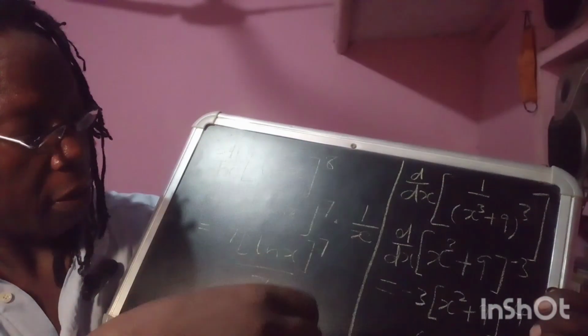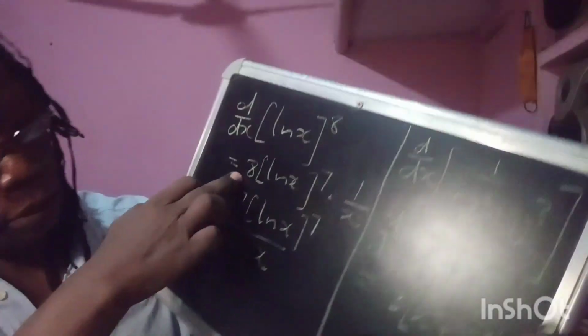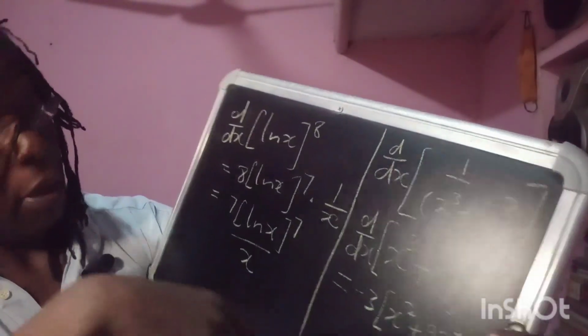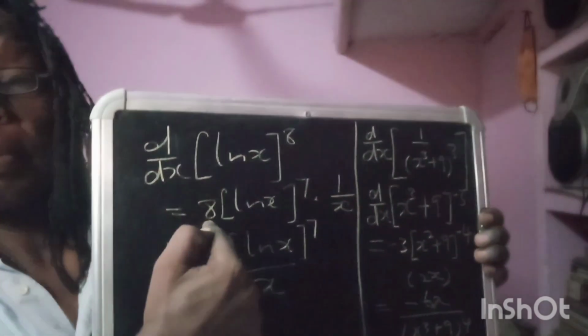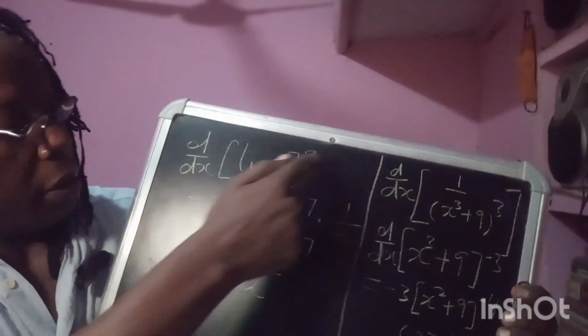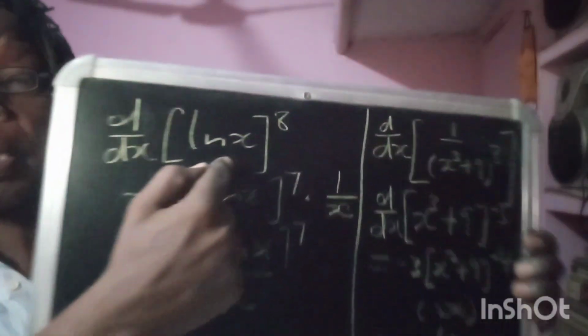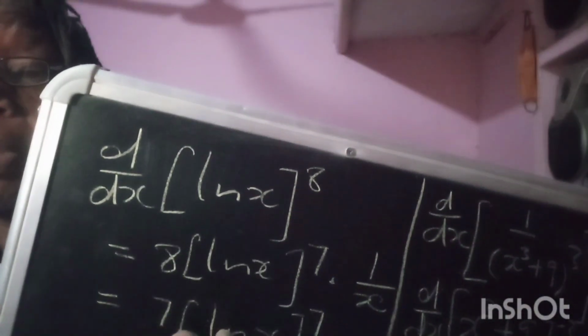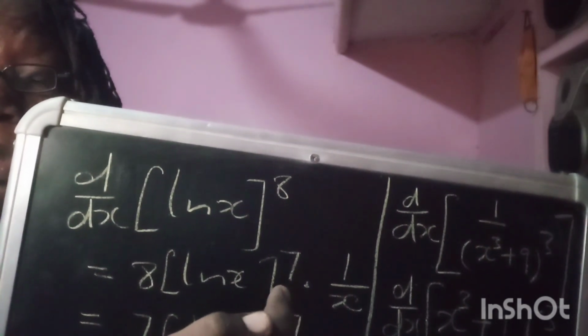Now let's see. Okay, the 8 comes in front here. What is inside remains the same, that's ln x, and then for the 8 you subtract 1, which becomes 7.